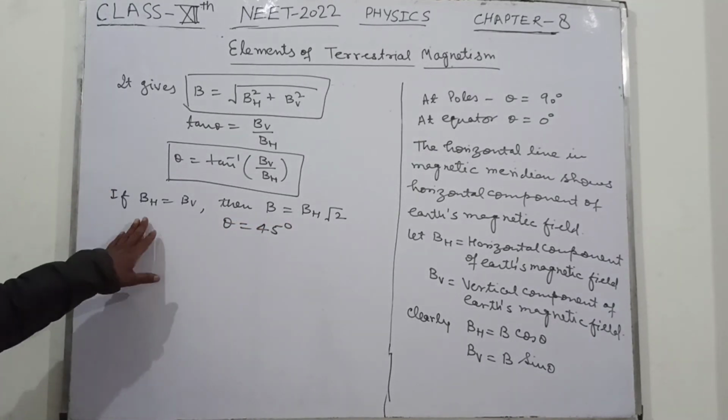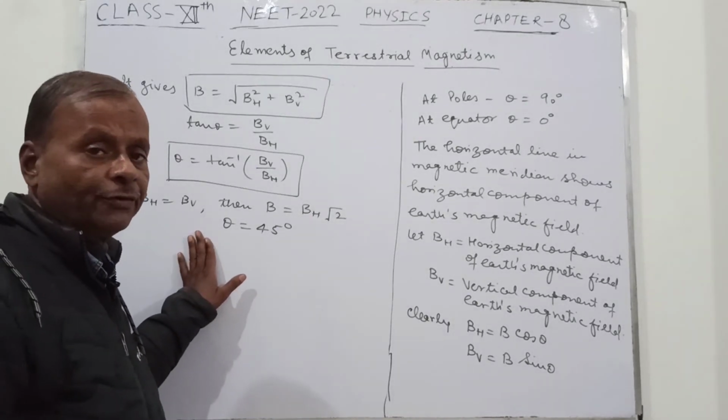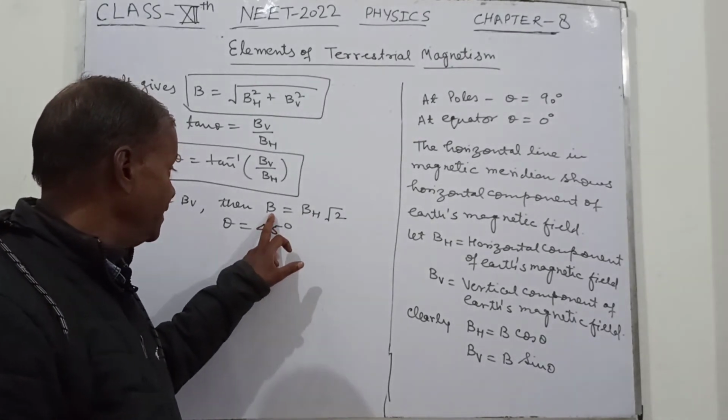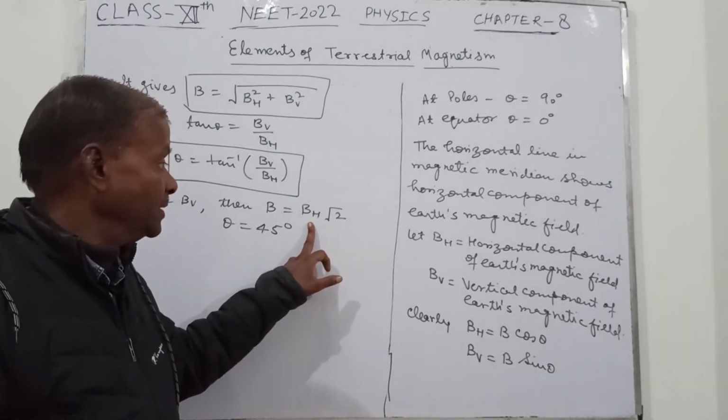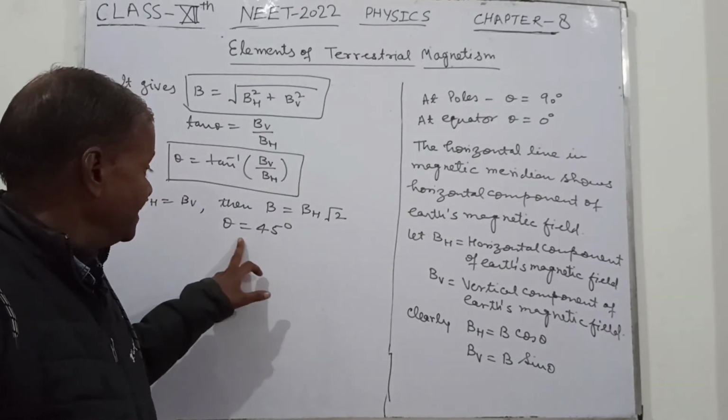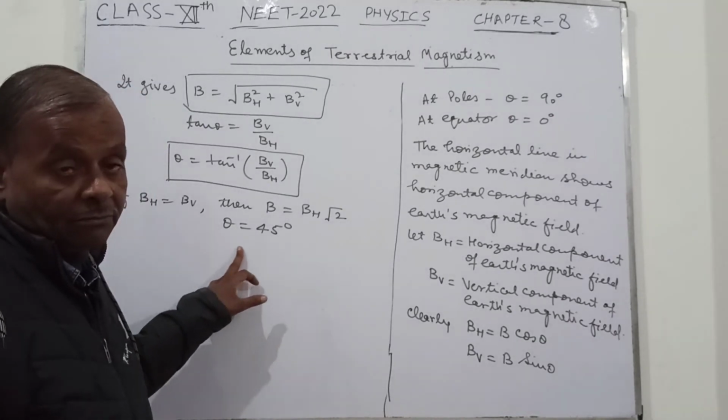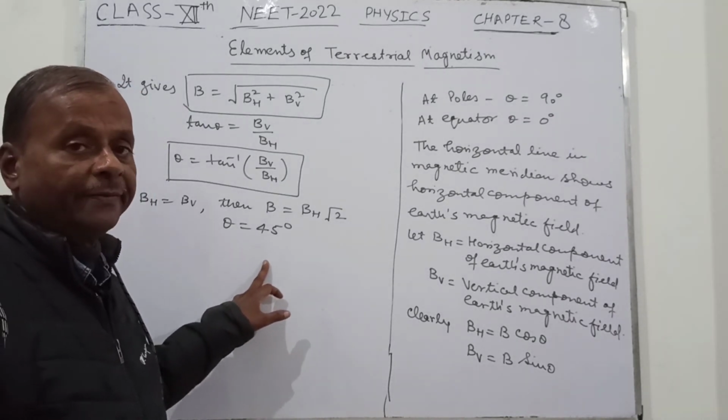So when both the horizontal and vertical components are equal, the total magnetic field is root 2 times the horizontal component of the Earth's magnetic field, and at that place the angle of inclination will be equal to 45 degree.